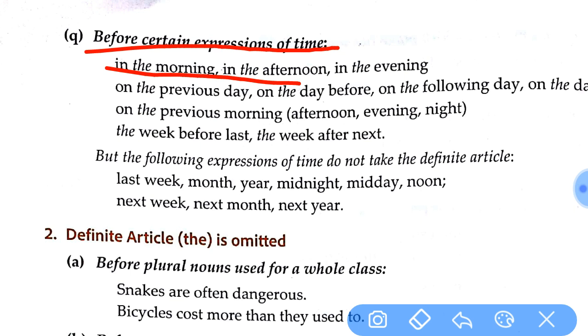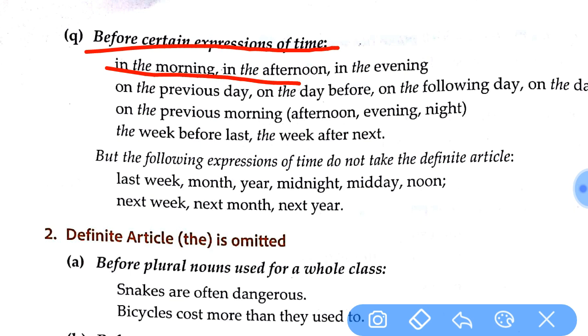Then we have the names of certain well-known books, then popular names of countries or people, then before plural proper nouns, then before comparatives in constructions, and lastly before certain expressions of time.